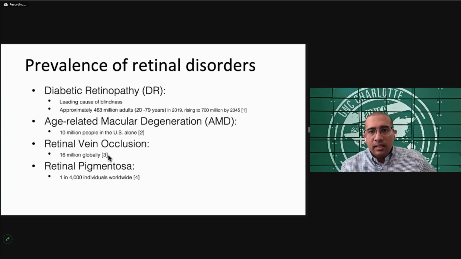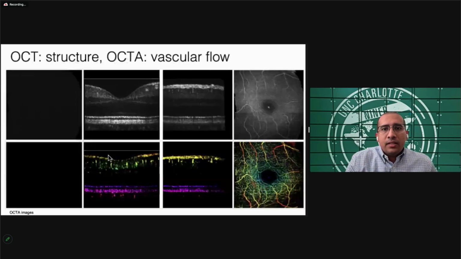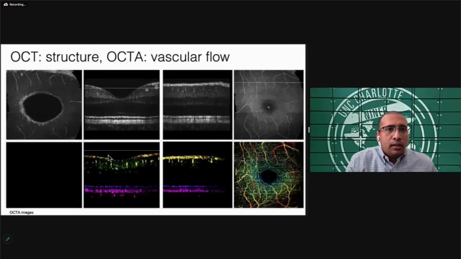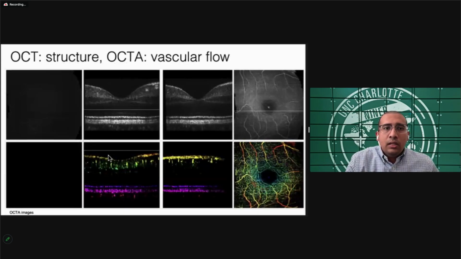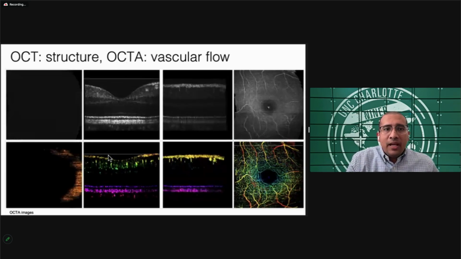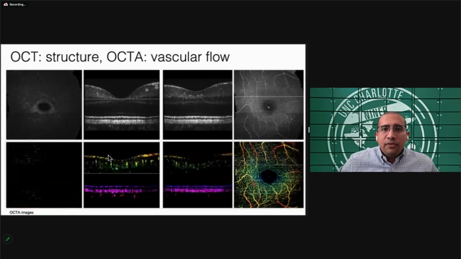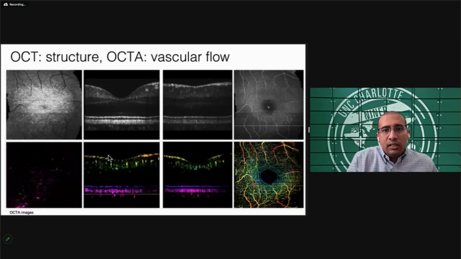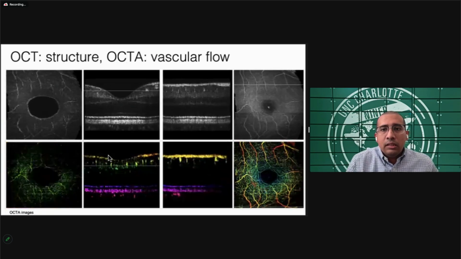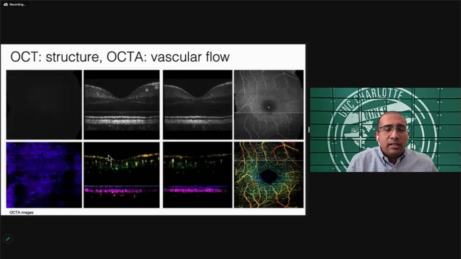Imaging actually plays an integral part in diagnosing these retinal diseases. A sample here is called optical coherence tomography, OCT, and optical coherence tomography angiography, which shows structural and vascular information and flow information in the retina.